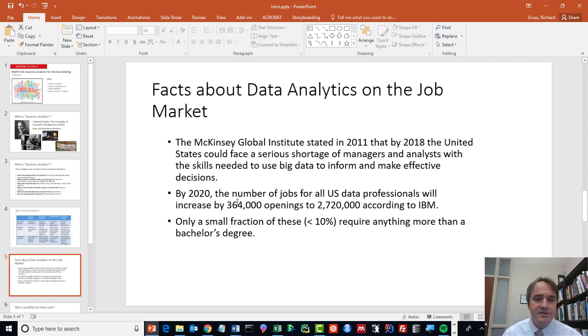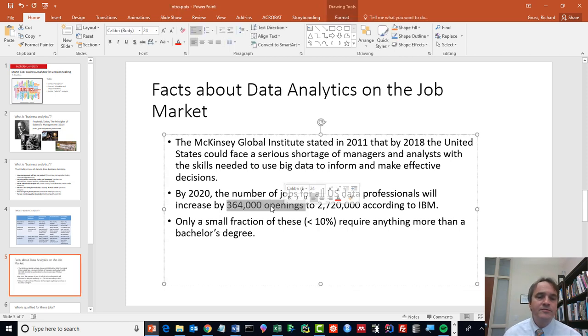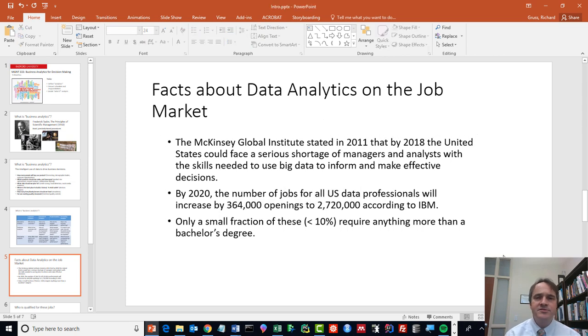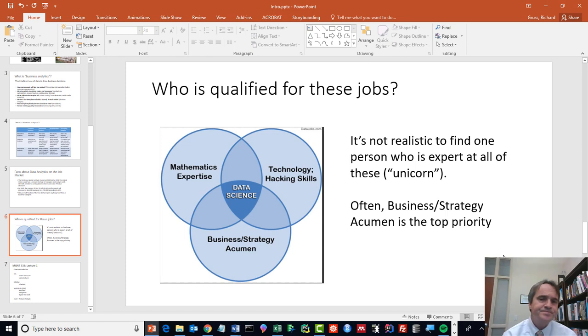There's an anticipation that there's going to be, on the order of hundreds of thousands of jobs opening up. And so salaries are just going to keep rising because of that. And most of these jobs, some of them require advanced degrees, but the vast majority of them, 90% of them, don't actually require anything beyond a bachelor's degree, and a bachelor's degree in business of the sort that you're getting here.